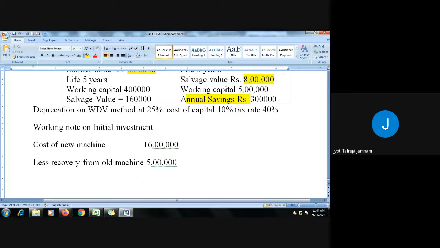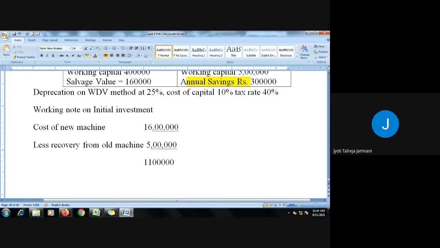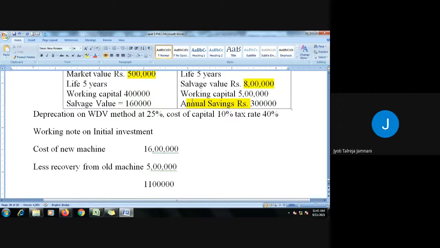Okay, but you cannot say 11 lakh is your initial investment. In this, they have also told about the working capital. Working capital is also an investment. So I'll just say additional working capital, not the total, because the old machine was also having a working capital of 4 lakh. The new one's 5 lakh, so it's only 1 lakh extra. Already 4 lakh we were investing in the old, so that 4 lakh will be there, plus 1 lakh extra the new one requires.